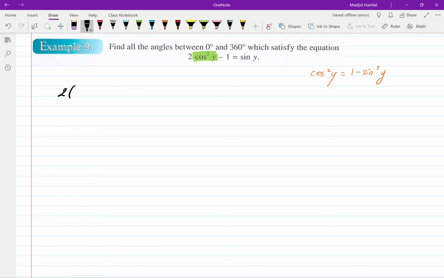So we can rewrite the equation as 2 times 1 minus sine squared of y, minus 1 equals sine of y. Now we can distribute the 2 and simplify the left side. So we'll get 2 minus 2 sine squared of y minus 1 equals sine y. Now we can simplify and reorder the terms.